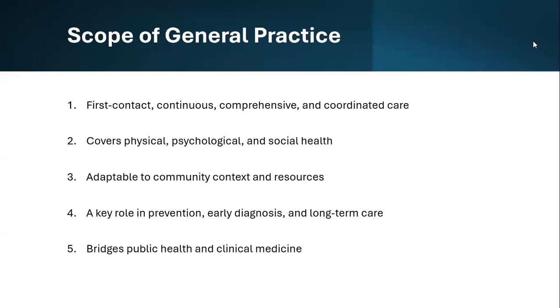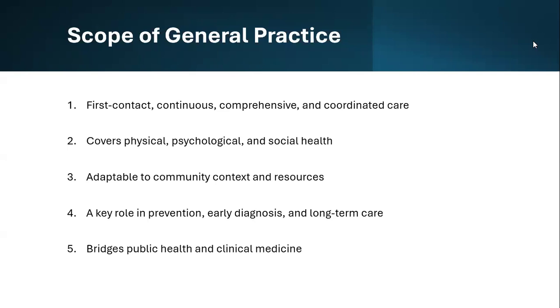So first, the introduction. Of course, when it comes to the scope of general practice, you know that general practice is the first contact for patients when it comes to their problems. The first contact is the first contact with the healthcare system. So general practitioners are the first contact with the health system most of the time. And there can be other practitioners who give first contact care, but most of the time it will be the general practitioner. And also the general practitioner gives continuous care, which can be a continuous relationship, and continuous whatever information the patient gives to you.